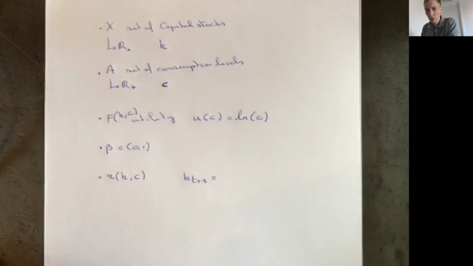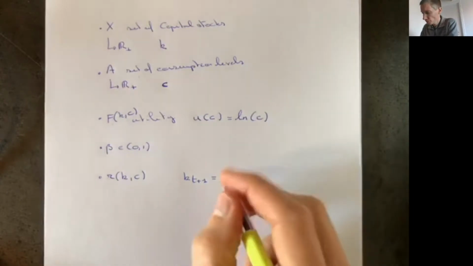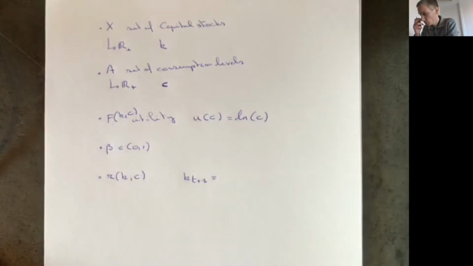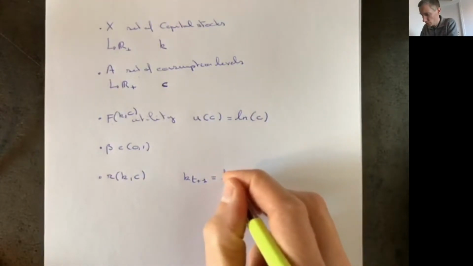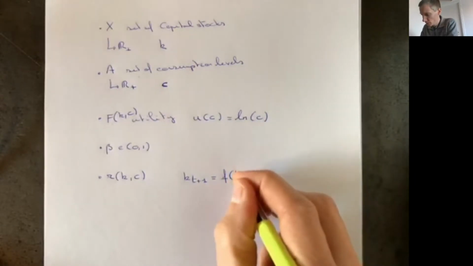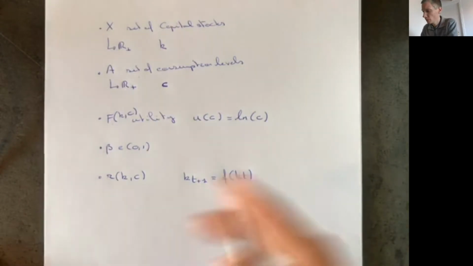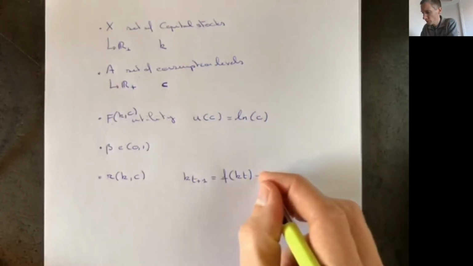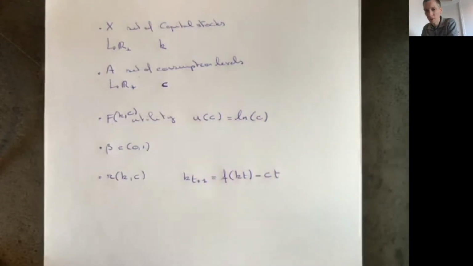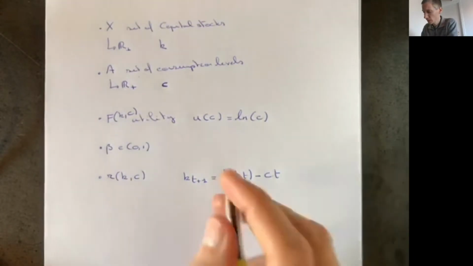So capital today, we're going to use this in production. So we need to specify a production function, right? So in general, you can write this as f of k_t. This is going to produce an output, and from this output we're going to eat something. So this is going to be c_t, and whatever is left is going to be the capital stock of tomorrow.